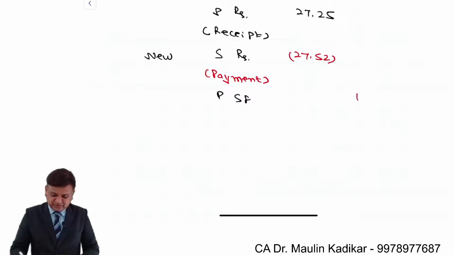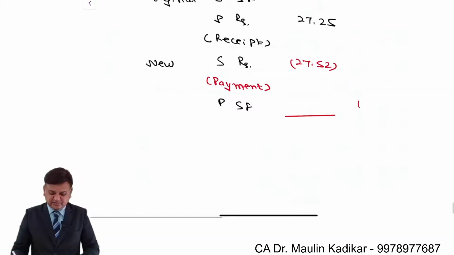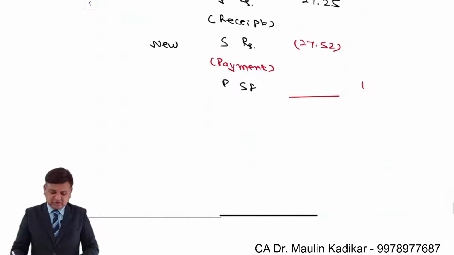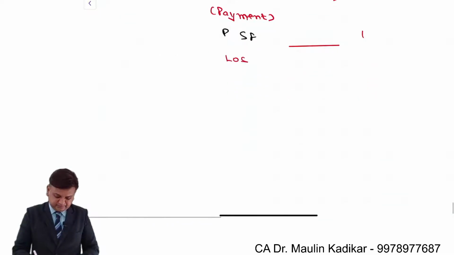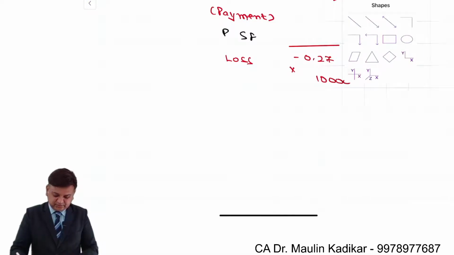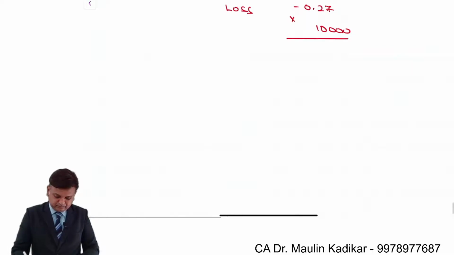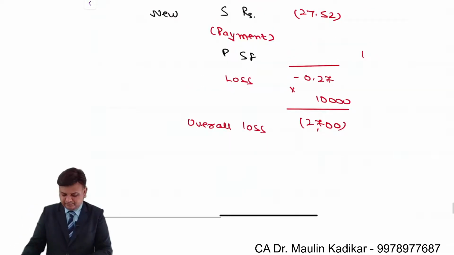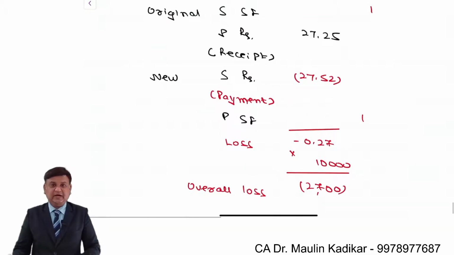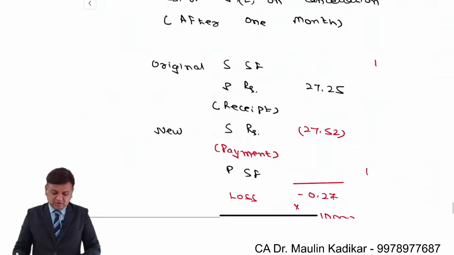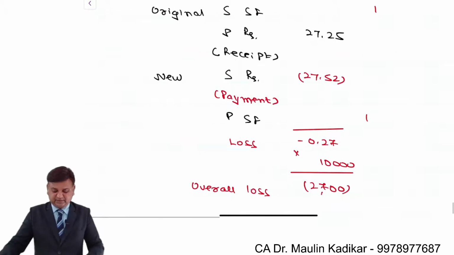For every 1 Swiss franc, this is the profit or loss that we have, that is a loss of 27 paise. Into 10,000, so the overall loss is 2,700. This is the way we have the overall profit or loss on the cancellation of the forward contract.